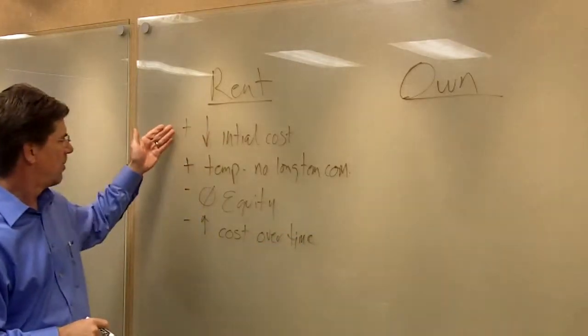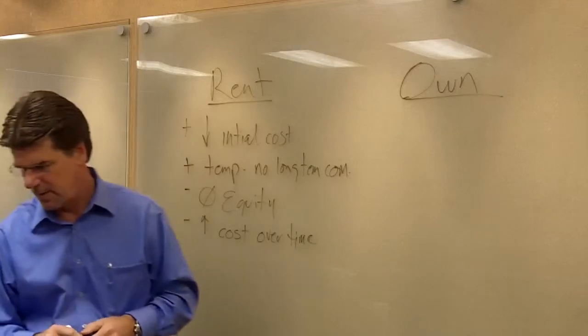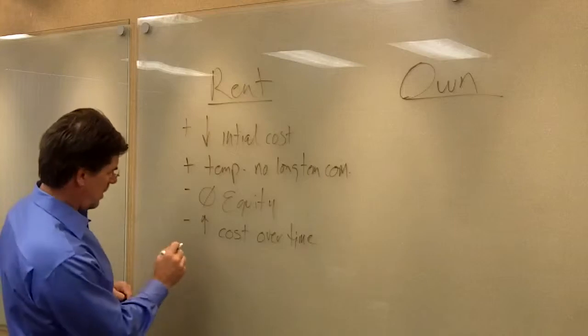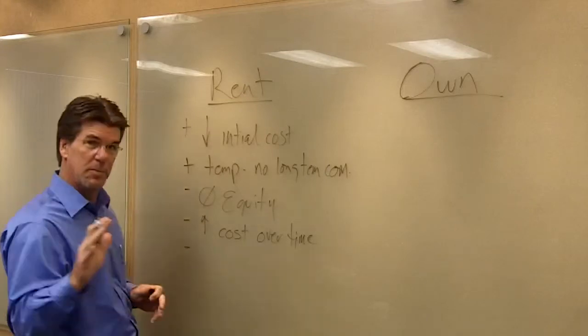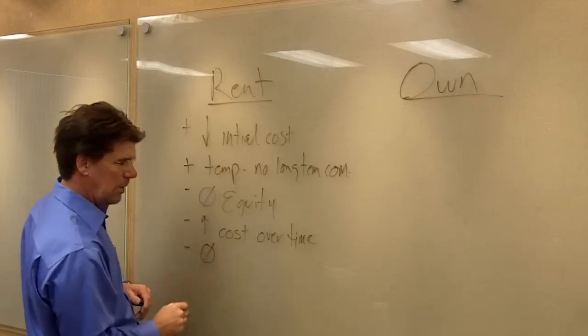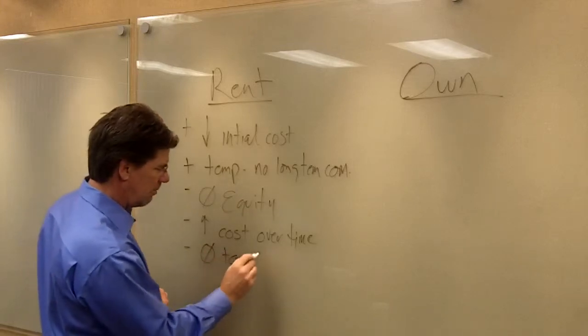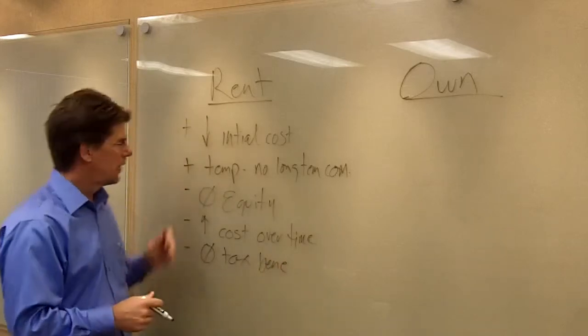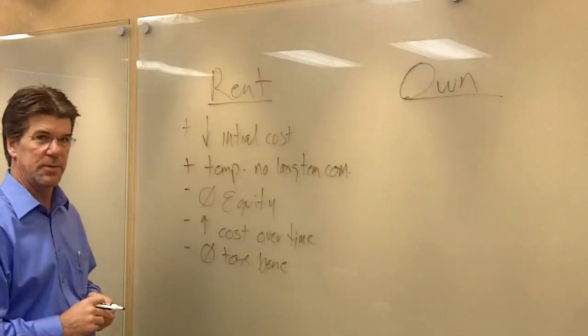All right, so now we have our pluses and minuses to renting. There's one other that we want to put in here, because most people understand this as well, and that's there's 0 tax benefits.